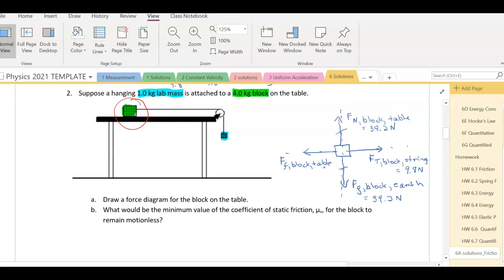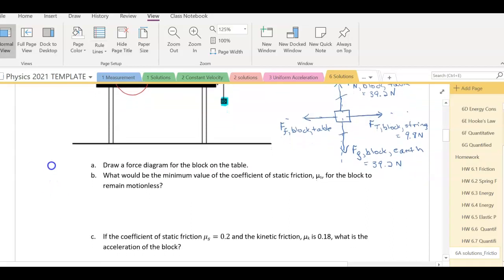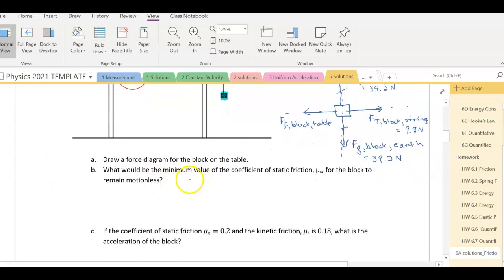It asks what would be the minimum value of the coefficient of static friction if the block remains motionless. If the block does not move, the net force in both the vertical and horizontal directions is 0. That means the static friction force equals the tension force; they just balance each other.